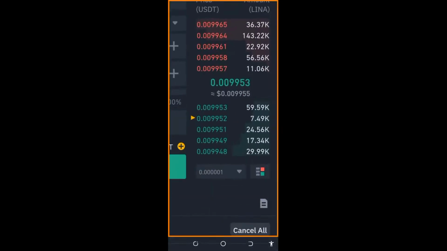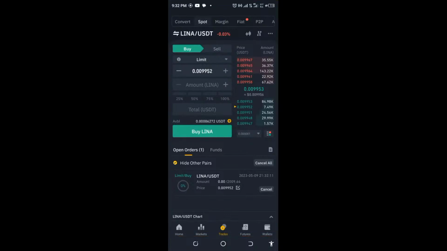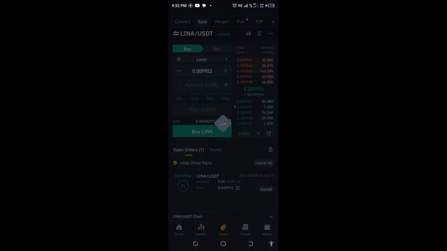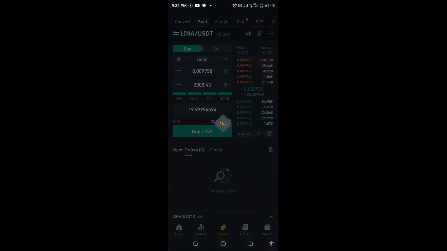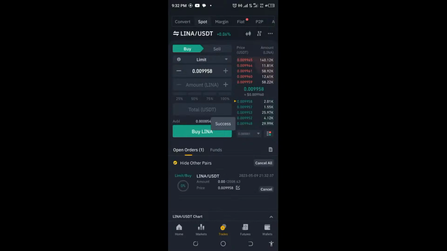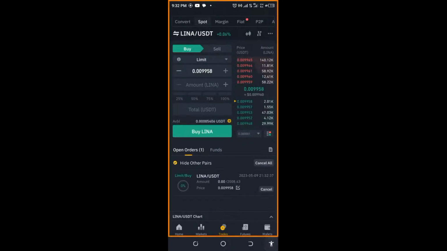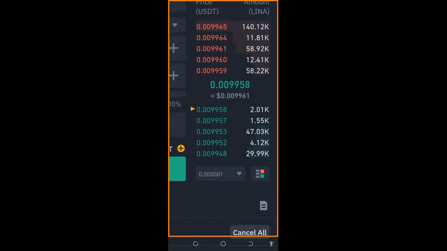You can see it's not the exact price. So we need to cancel that and do it once again. Okay, the price is not current. So let me check, and then I'll see whether it will pick it up. Oh well, let's see how long this will take.